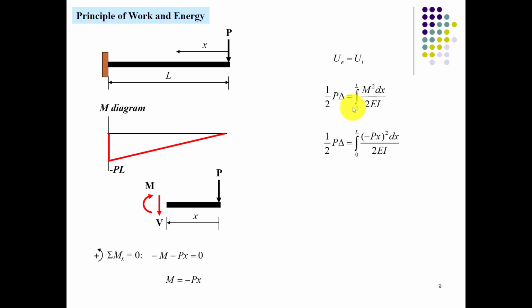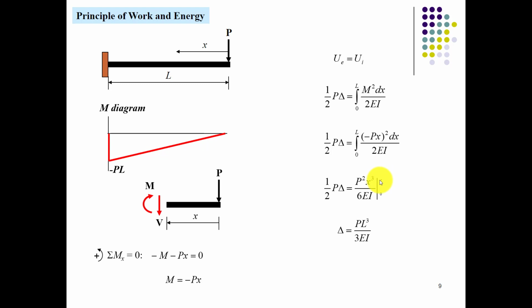So you can compute the moment value, and you can make the equation like half P delta equals, P being the externally applied load, P square into the integral of x square from 0 to L, which is the whole length of the cantilever beam.